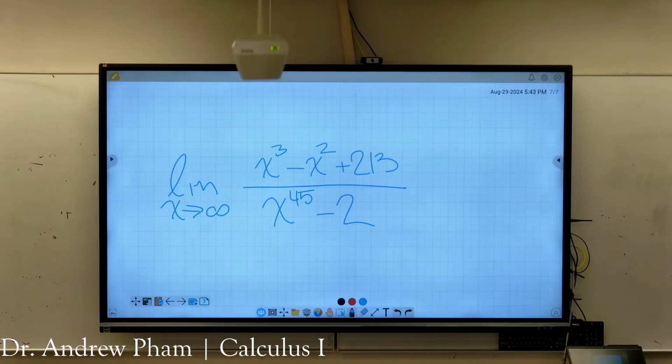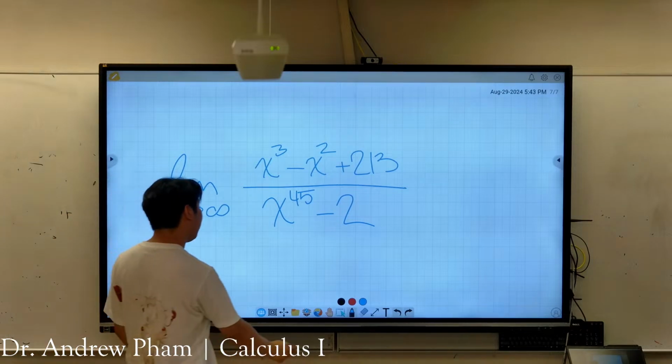Does anyone have a general guess about what might happen here? 0. Why? The power on the bottom is larger, so it's going to become 0 because you have a huge number on top, but an even huger number on the bottom.